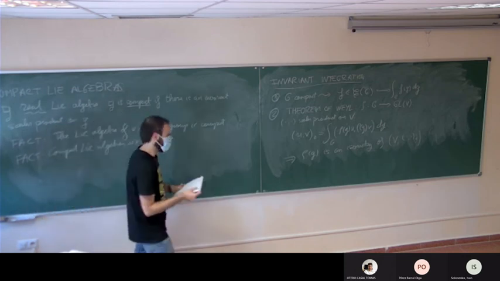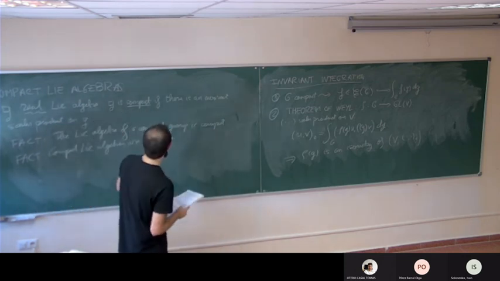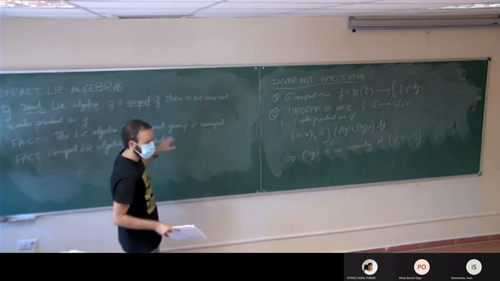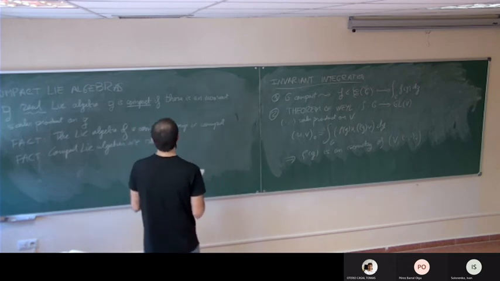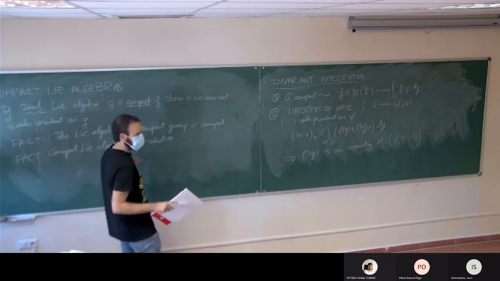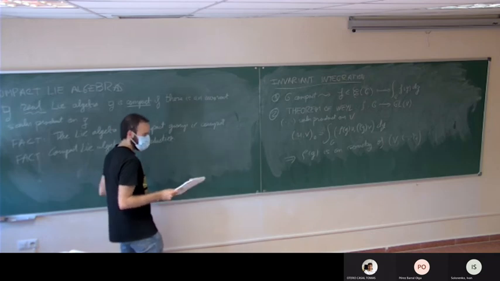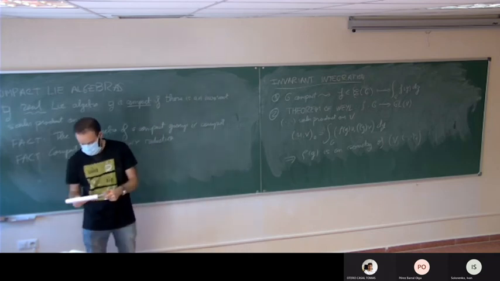You just take the invariant scalar product, and the orthogonal of any ideal is again an ideal. So in particular, compact Lie algebras are broken up as their center plus their commutator, where the commutator is always semi-simple.